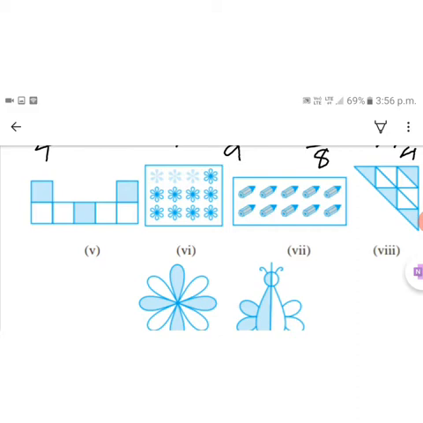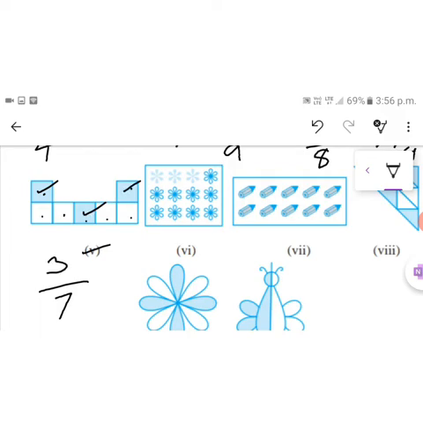Let's see number 5. Total number of boxes is 1, 2, 3, 4, 5, 6, 7. Number of boxes shaded is 1, 2, 3. Therefore the fraction is 3 by 7. Sixth one.